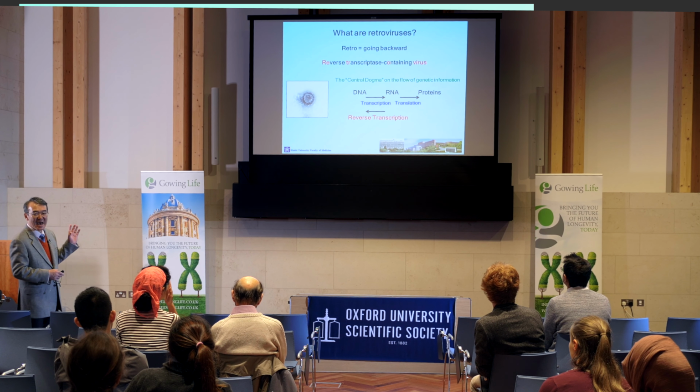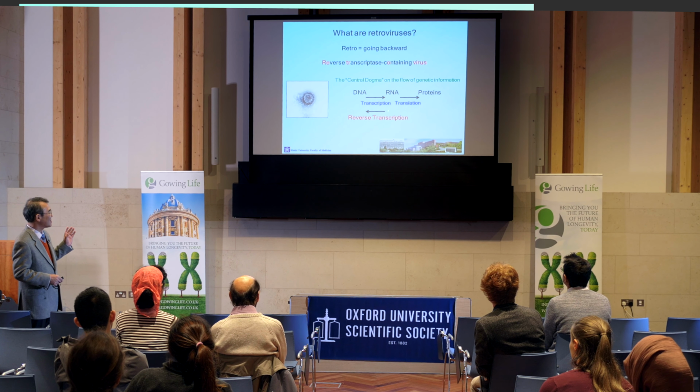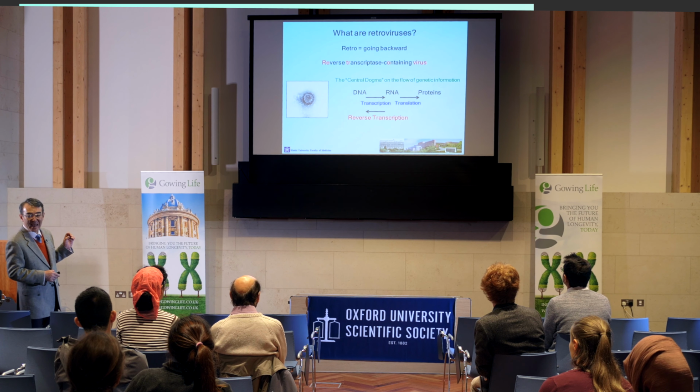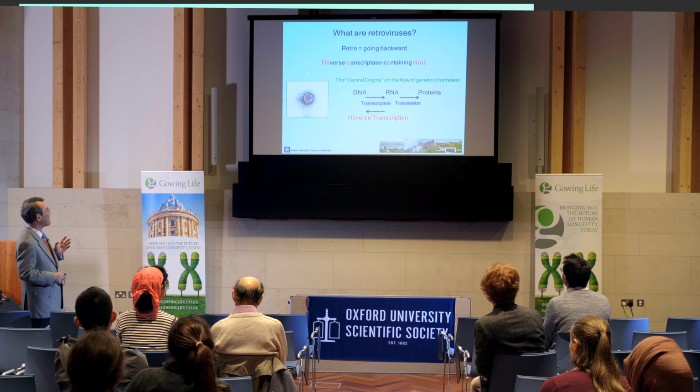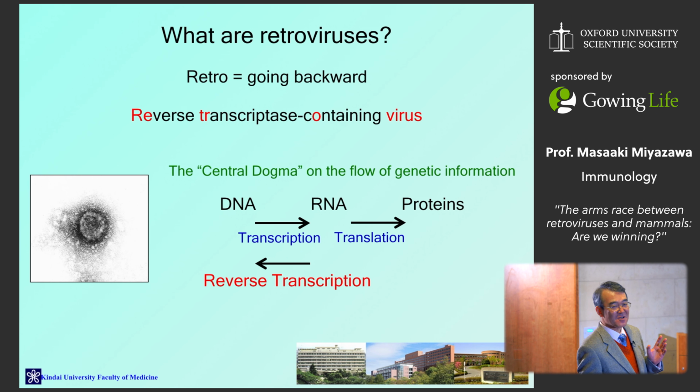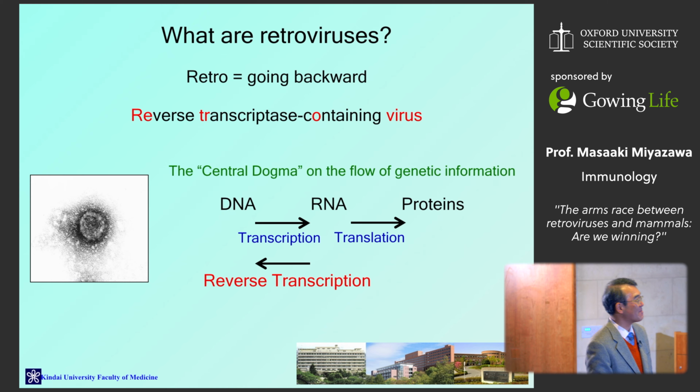There's a special enzyme named reverse transcriptase that uses RNA as a template and produces double-stranded DNA. So the retrovirus is very, very special because it goes against the central dogma on the flow of genetic information.